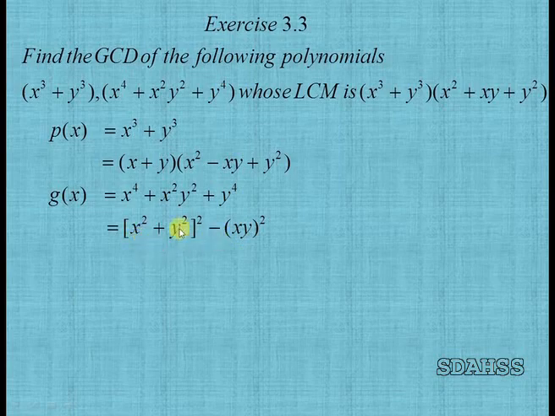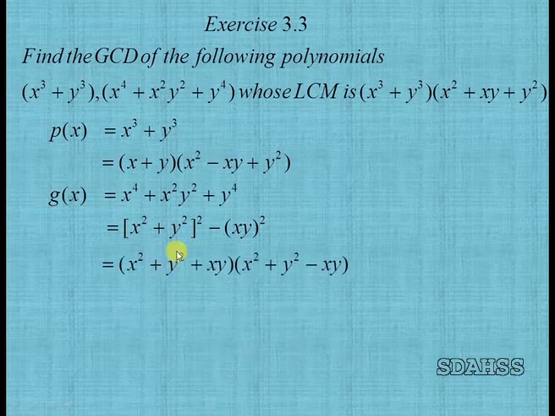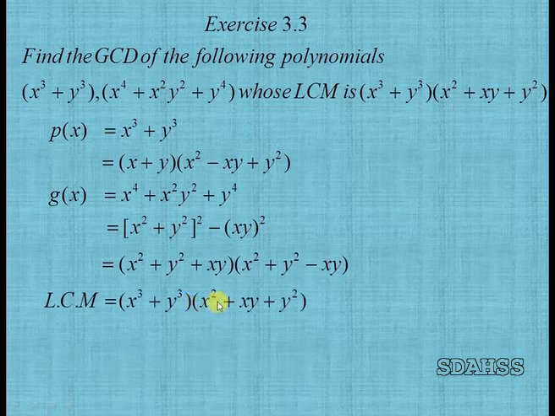Now this is the form of a square minus b square, which means (a plus b) into (a minus b). So this can be written as (x square plus y square plus xy) into (x square plus y square minus xy). And the LCM is (x cube plus y cube) into (x square plus xy plus y square).